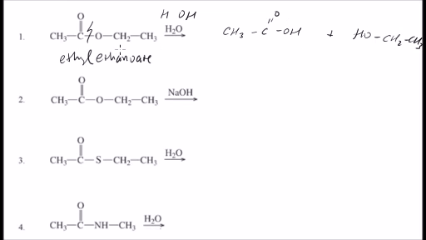So in this case, ethyl ethanoate undergoing hydrolysis is going to form a carboxylic acid, ethanoic acid, and we have ethanol. Okay, so pretty straightforward.